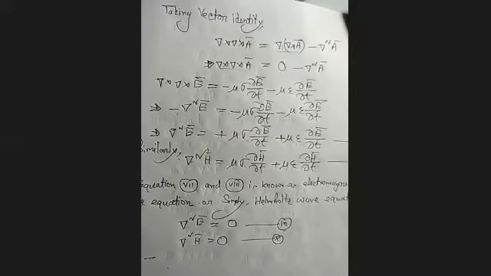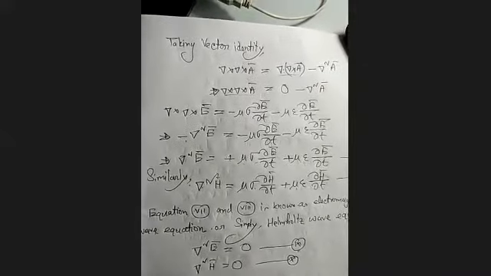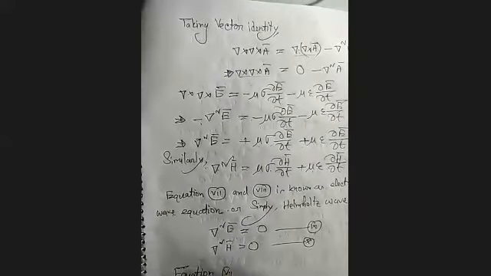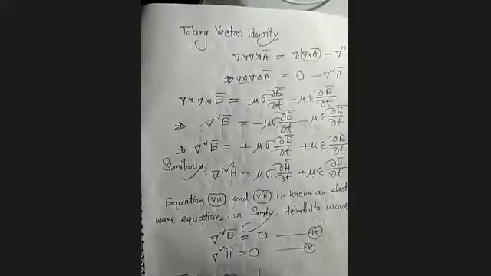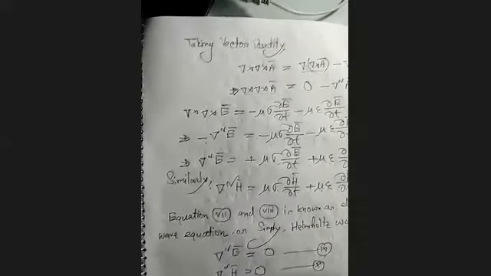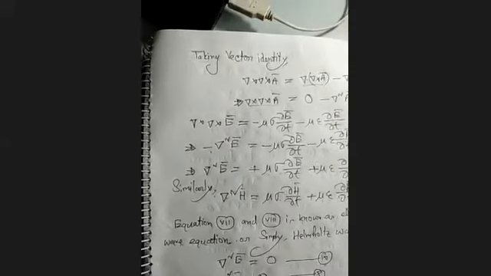Now, you can write our equation 7 and equation 8, and also 9 and 10, is known as the electromagnetic wave equation.